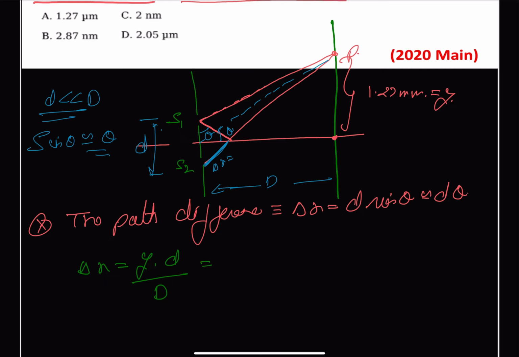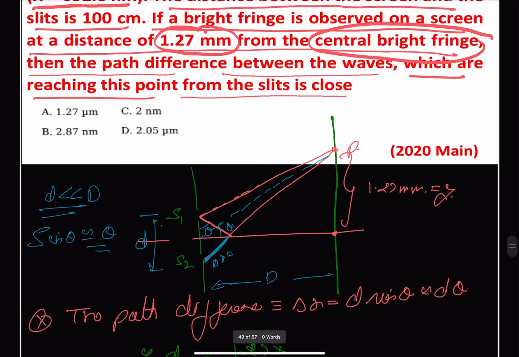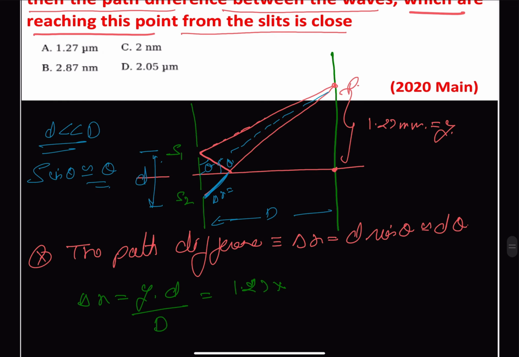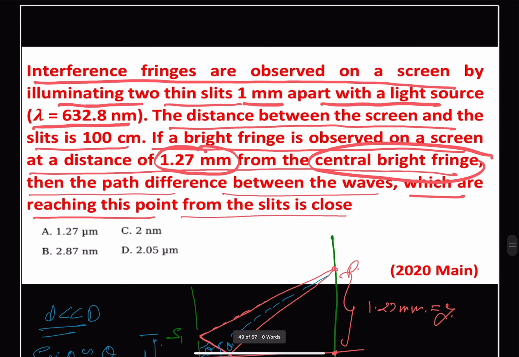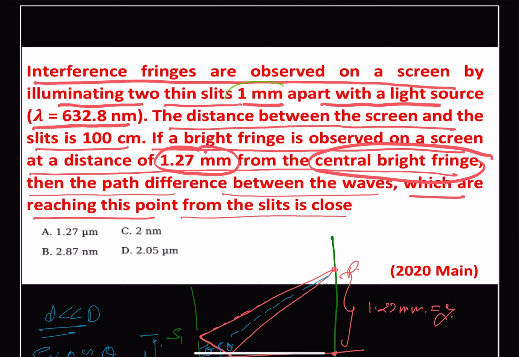And we get this as, one second. Y is given to us, that is 1.27 millimeter. Small d is also given to us, oh sorry, it is 1 millimeter.